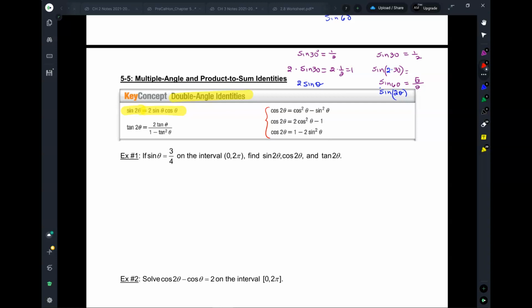It depends on what you have to work with. Tangent is always the rebel. It's a whole thing of its own, right? Again, anything in section 5, you don't have to memorize. You will be provided with a sheet of these on the test, okay? You just have to know what to use when.